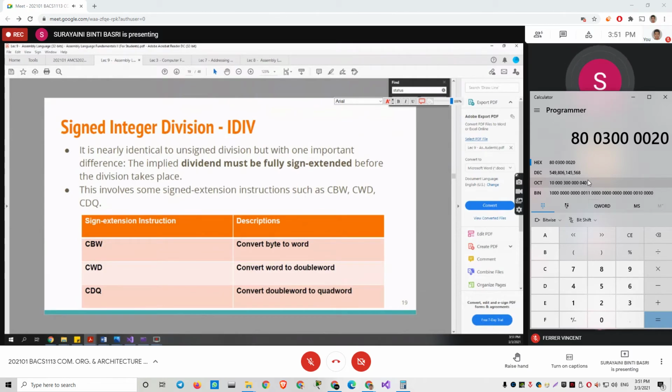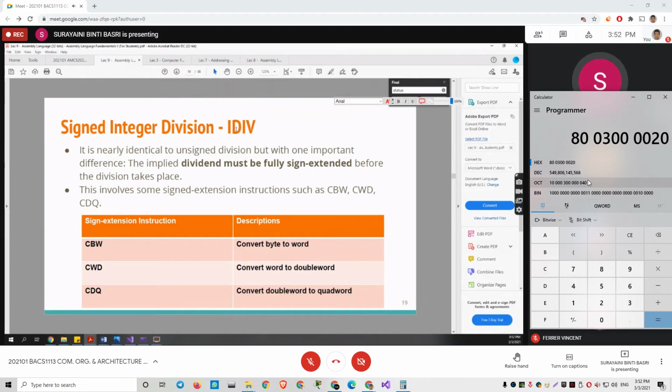Okay, so I hope you guys can still follow. So we proceed to signed integer division. Previously, it is unsigned. Okay, so it is nearly identical to unsigned division.